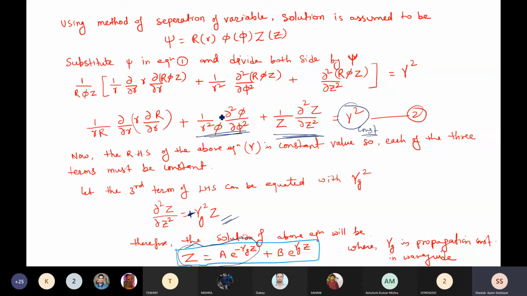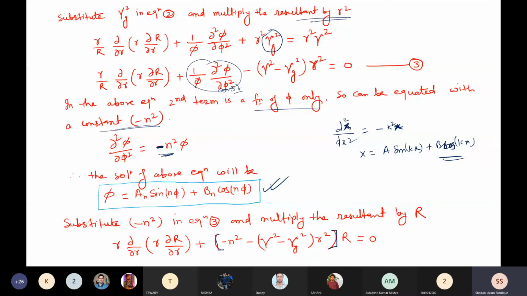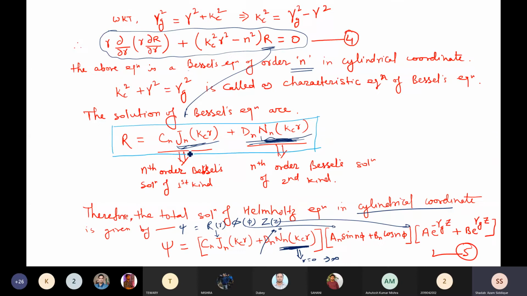We got a term in phi only, equated to minus n square, and found its solution. For the radial part we got a Bessel solution of the form Cn Jn(kc r) plus Dn Nn(kc r), which are the nth order Bessel solution of the first kind and the nth order Bessel solution of the second kind. The overall solution is this.